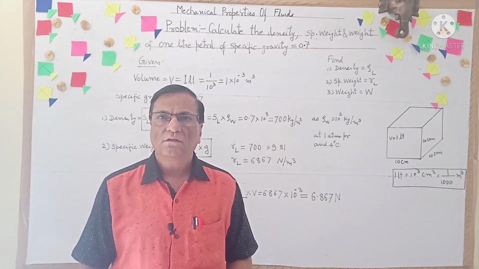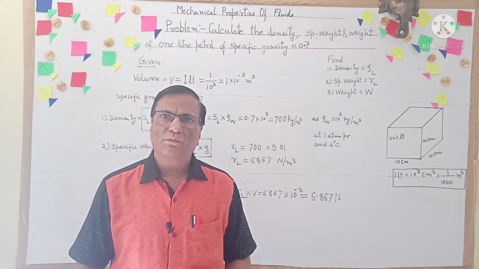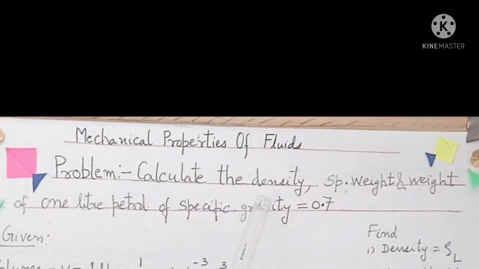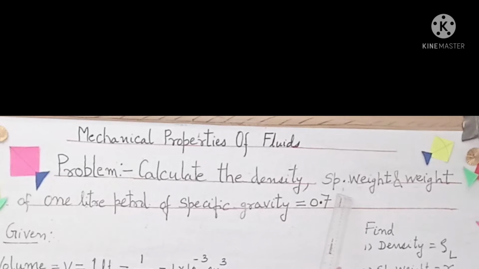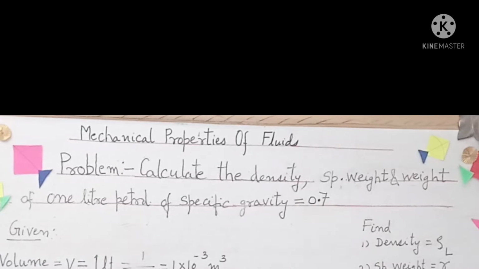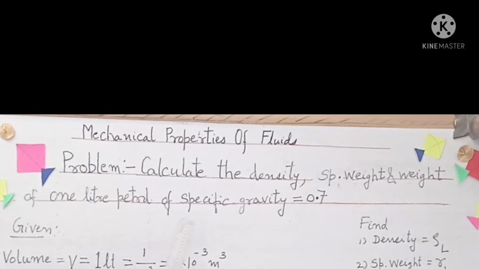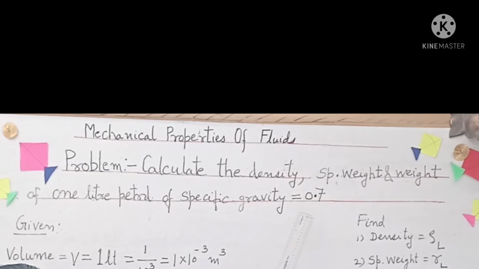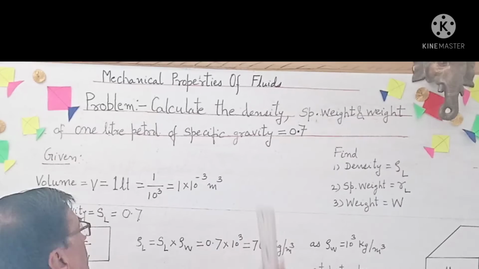Let us have the next numerical problem based on fluid properties. Calculate the density, specific weight and weight of 1 liter petrol of specific gravity equal to 0.7.